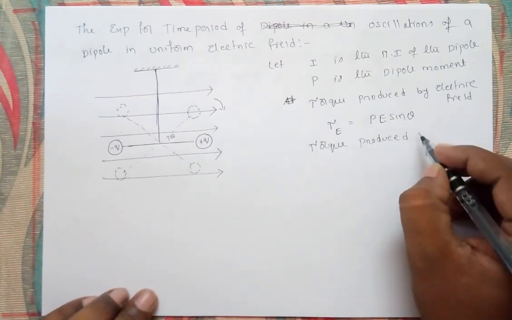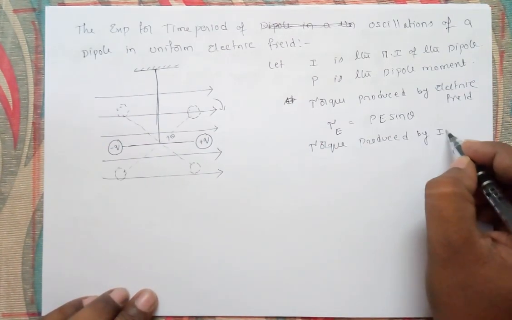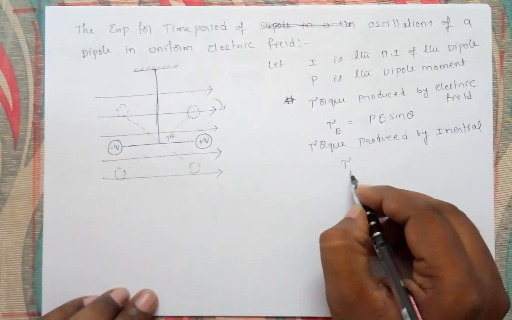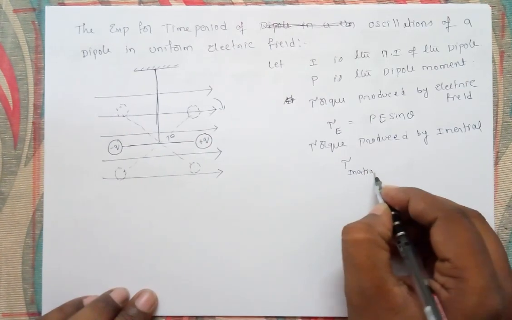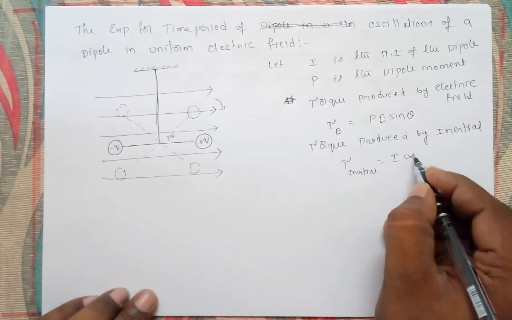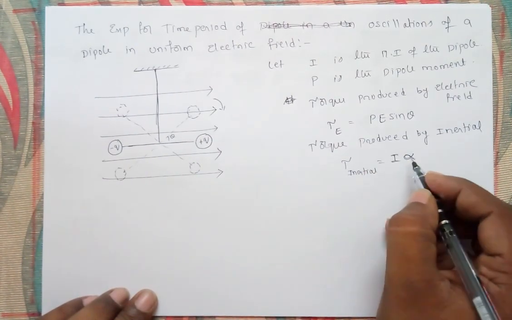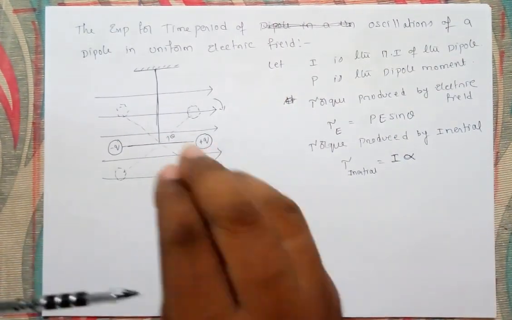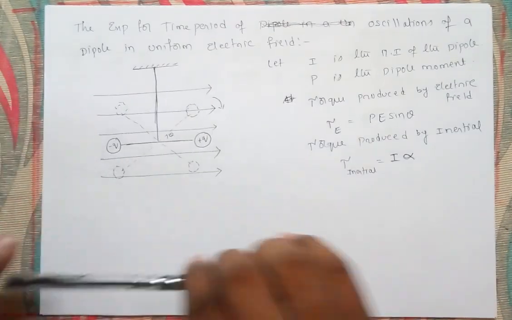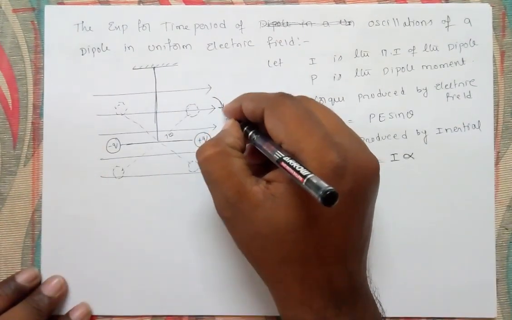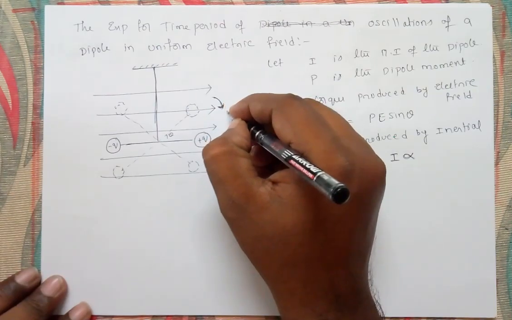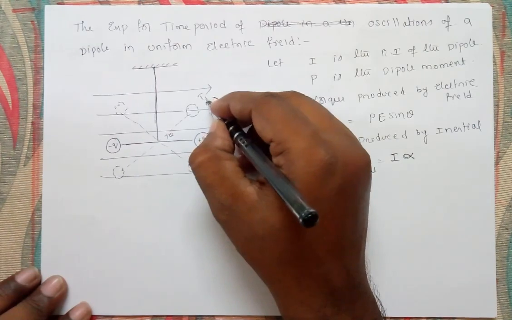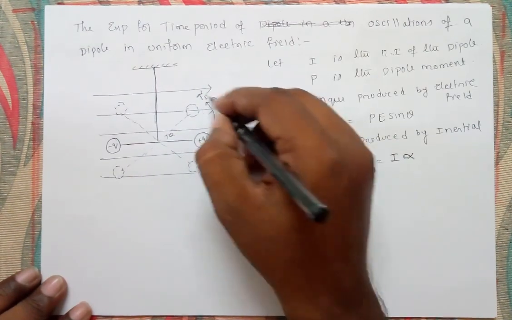The torque produced by inertia, which you studied in first year, is tau equals I alpha, where alpha is the angular acceleration and I is the moment of inertia. At any point, the torque produced by the electric field acts in one direction, and the torque produced by the moment of inertia acts in the other direction.